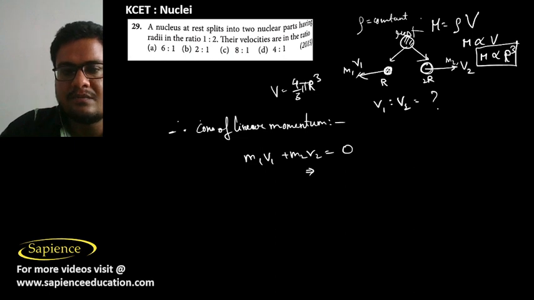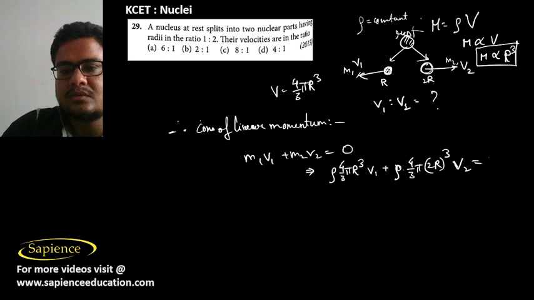Therefore m1, which is density into 4 by 3 pi r cube, v1, plus m2, which is rho into 4 by 3 pi 2r cube, into v2, is equal to 0.